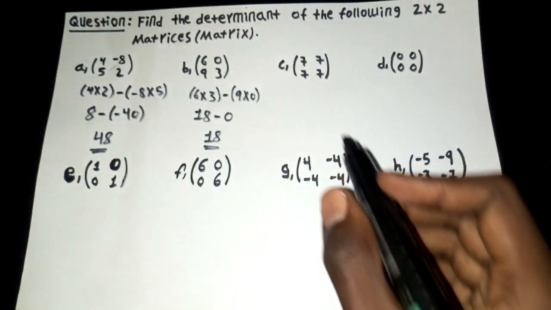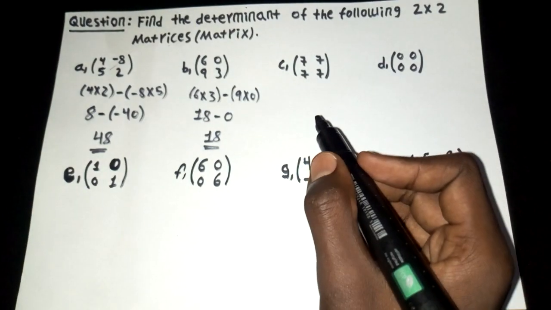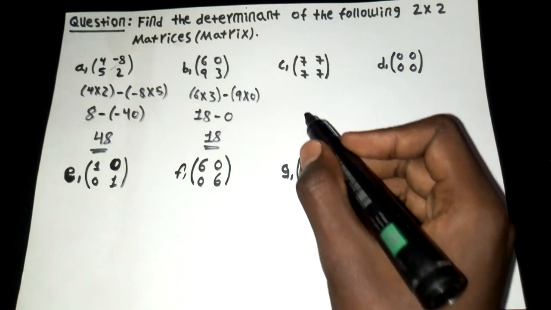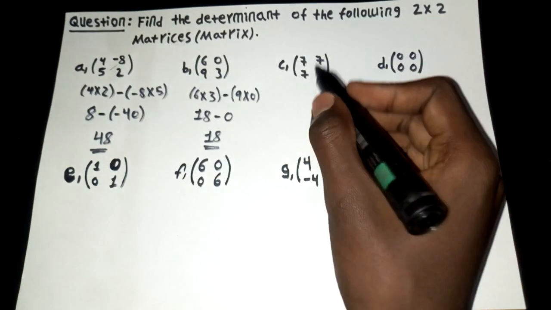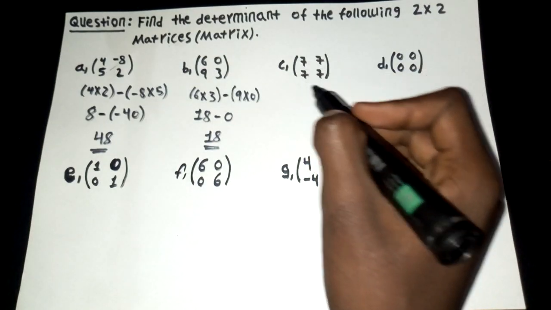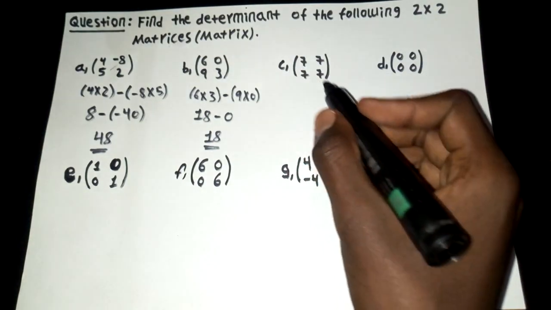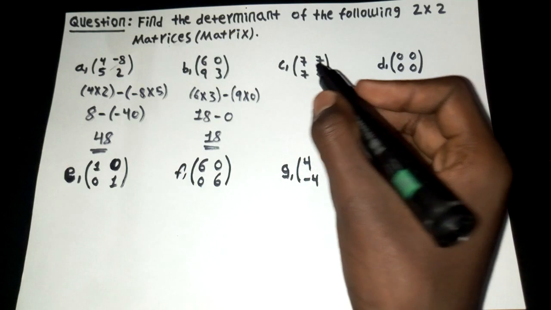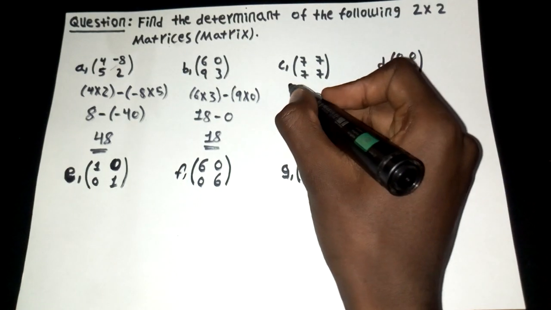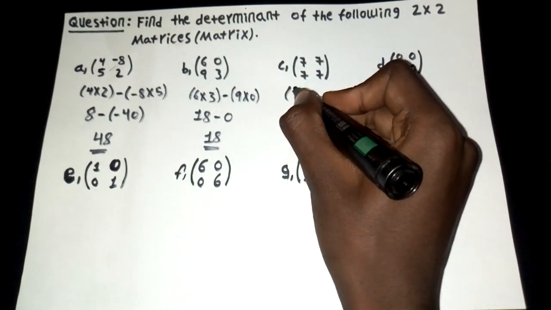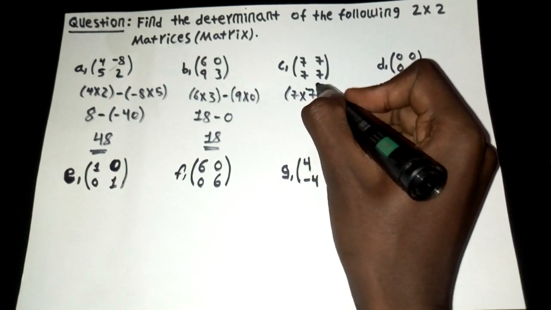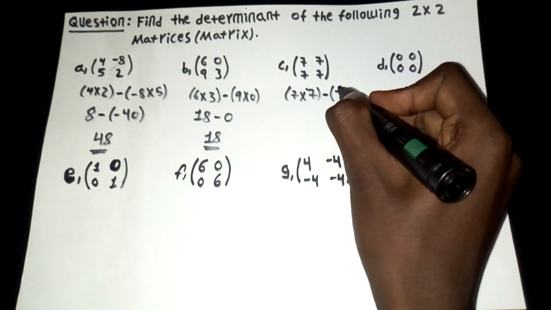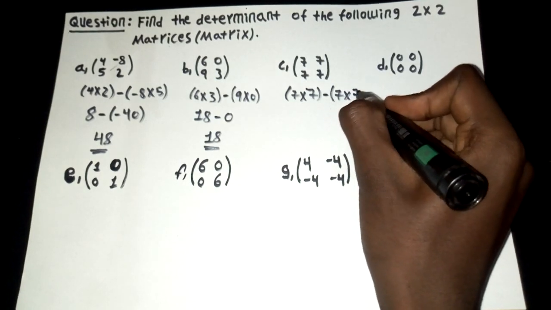Example C, all entries are the same. Because they have the same sign and all of them are the same numbers, our answer will be 0, because as you can see, we have to multiply 7 by 7 minus 7 by 7.